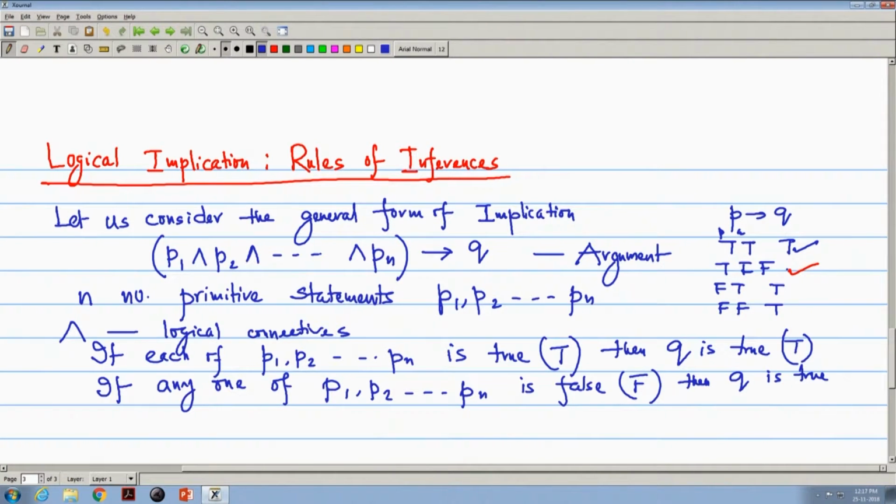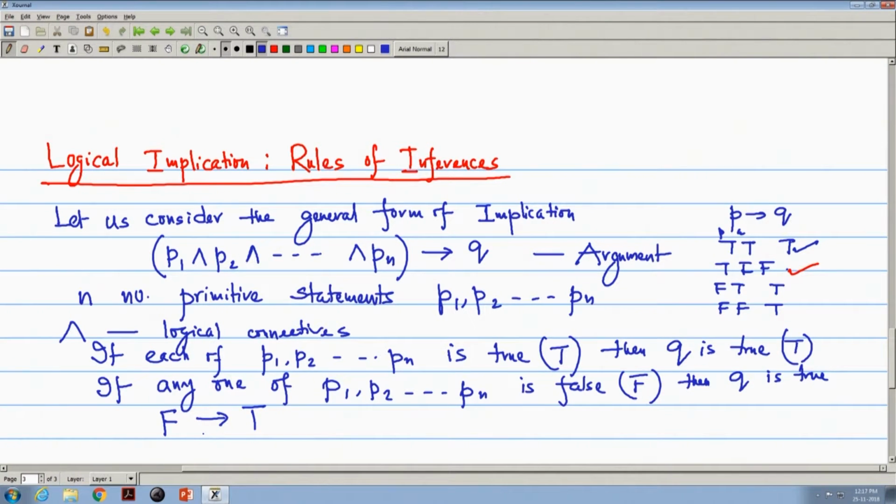Because the left hand side becomes F, and F implies T. If Q is true, then by default it will be true, that is, it is vacuously true.